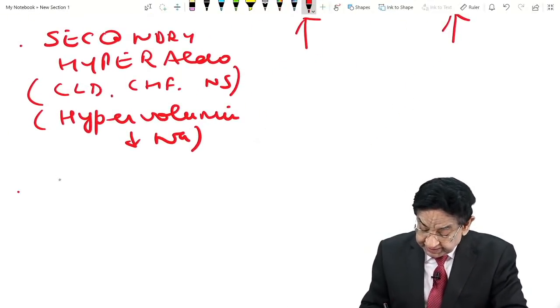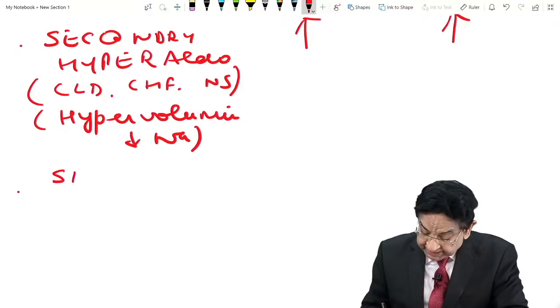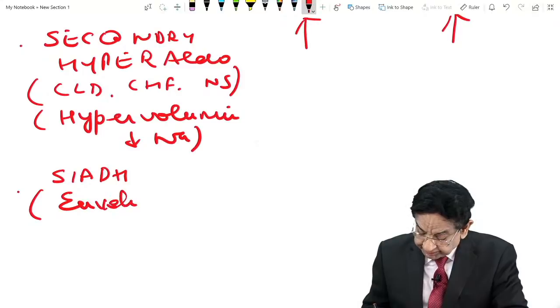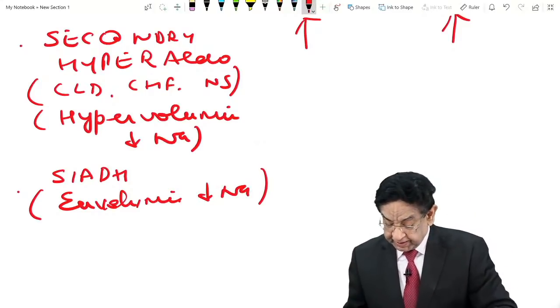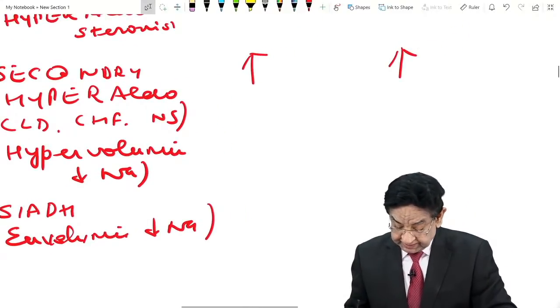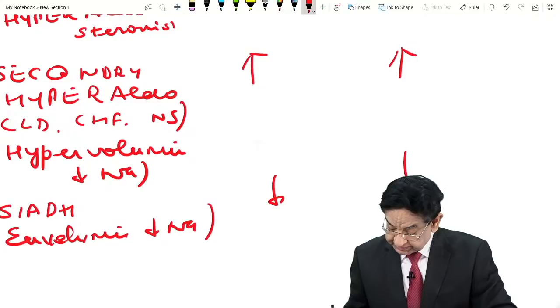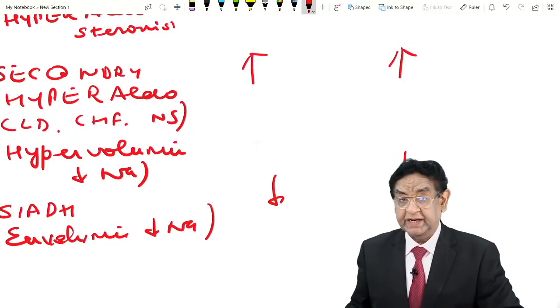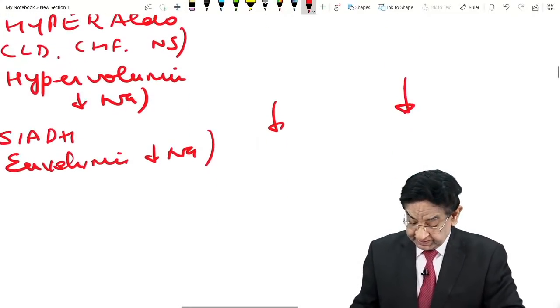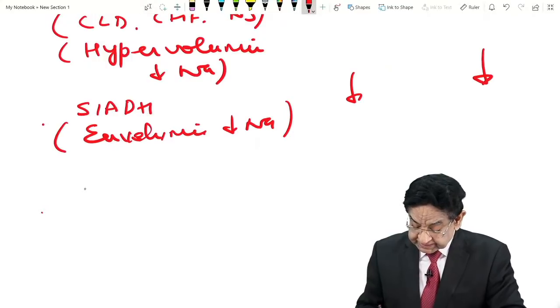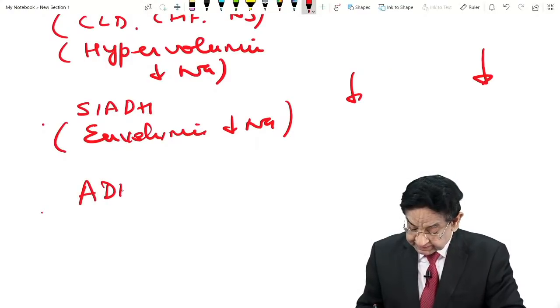Now, in SIADH, we studied it in the category of euvolemic hyponatremia. In this, both are decreased. Then we studied Addison disease.